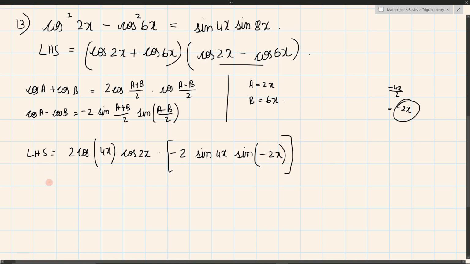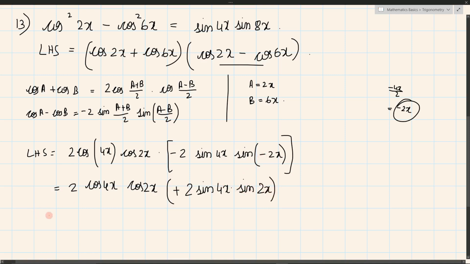So this is nothing but 2 cos 4x cos 2x into minus 2 sine 4x, sine of minus x is minus, so this will be equal to plus sine 2x.